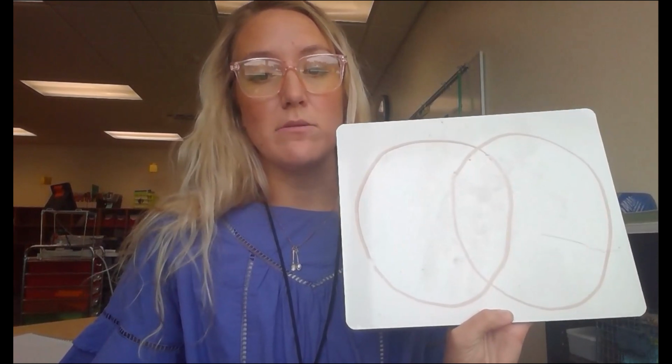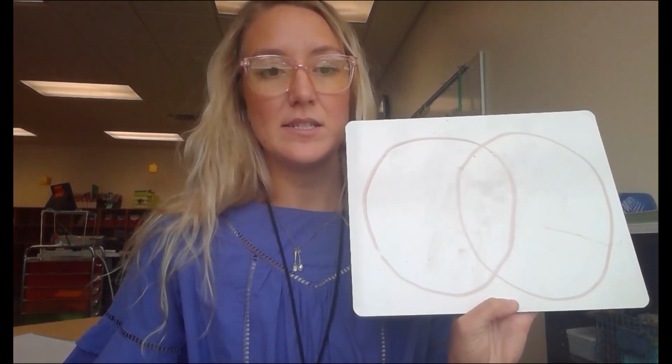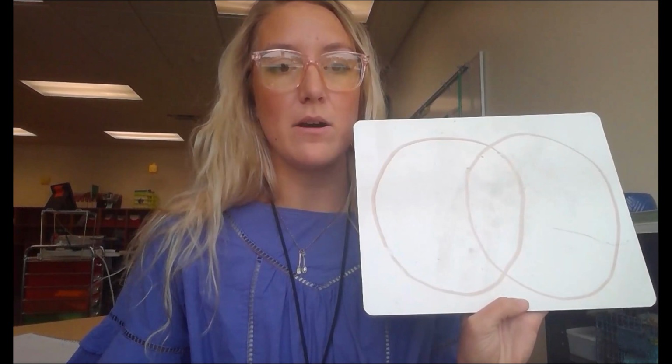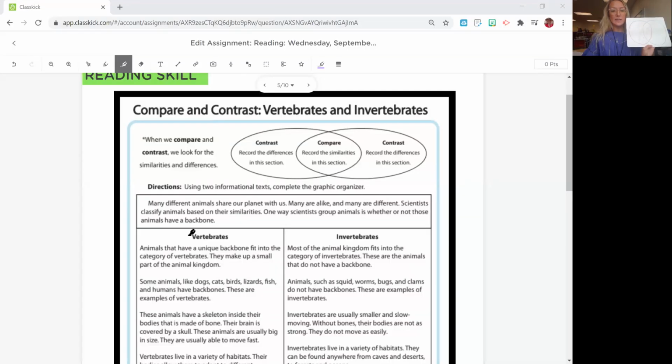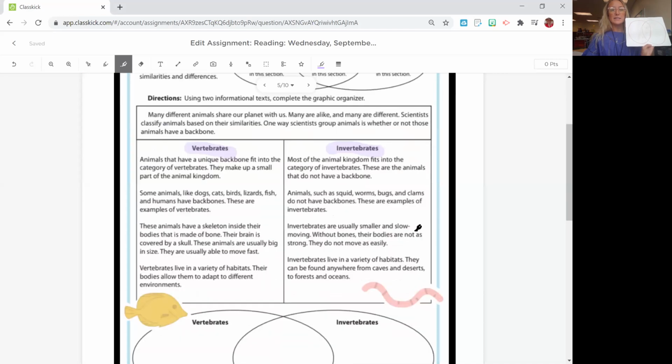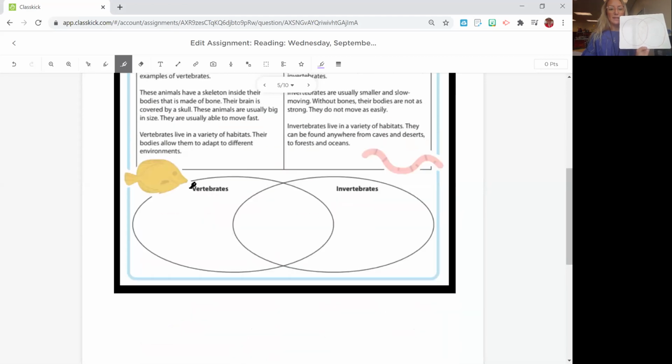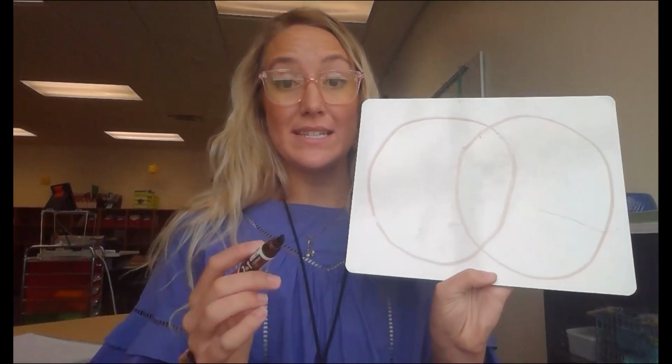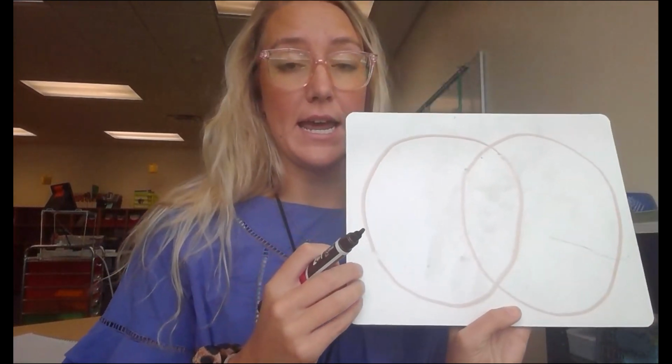Now we're going to read about two different topics. Topics are what a story is about. As you can see, our two topics are vertebrates and invertebrates. Those are our two topics. At the bottom, you can see that they added the heading on top of those sections. We're going to do that same thing on our Venn diagram.